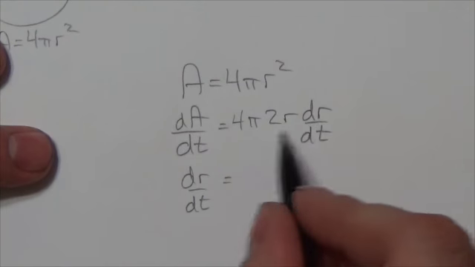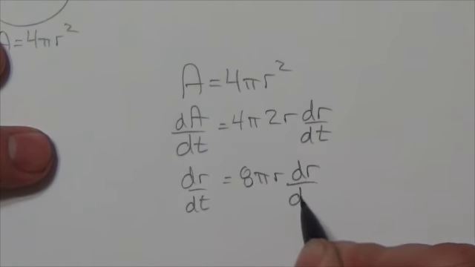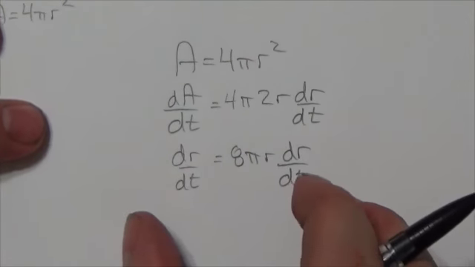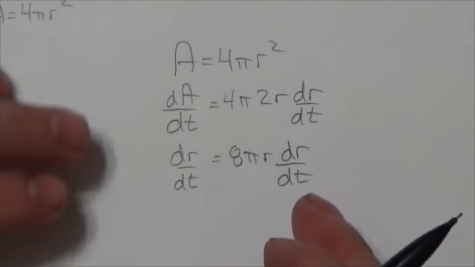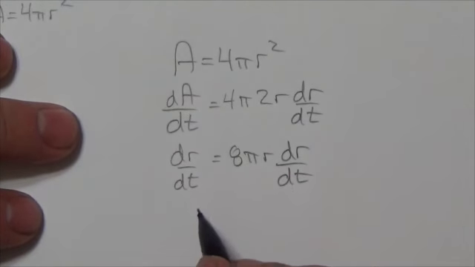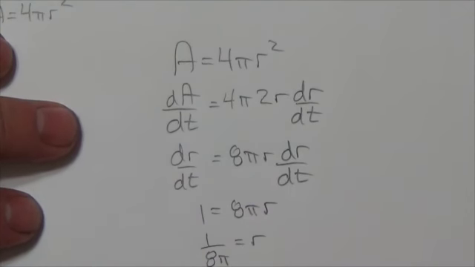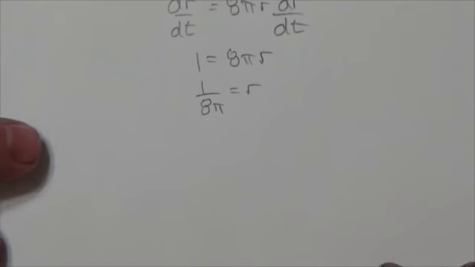This ends up being 8 pi r dr by dt. I can do this because at the moment that I'm interested in, those two are numerically equivalent, which means I can now divide both sides by dr by dt, and I'll get 1 over 8 pi is equal to r. And so there it is.